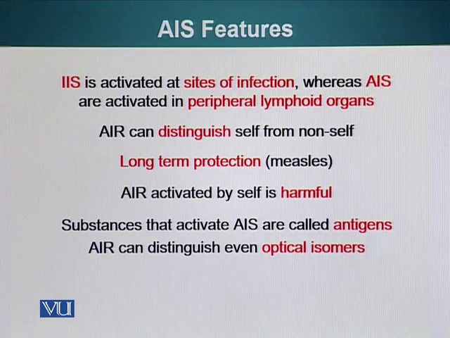Another important responsibility of adaptive immune cells is that they can distinguish self from non-self. We will see what the mechanism of that is. And these adaptive immune cells also have a memory. So if a pathogen has infected an organism once, the immune system will remember. The immune system has a memory, sort of like our brain has a memory.